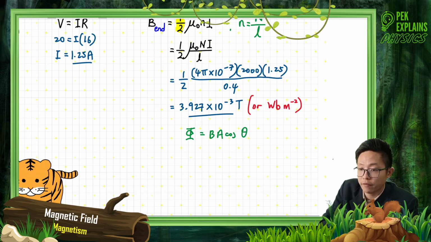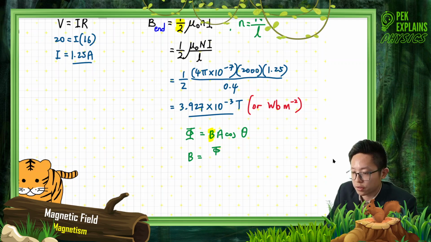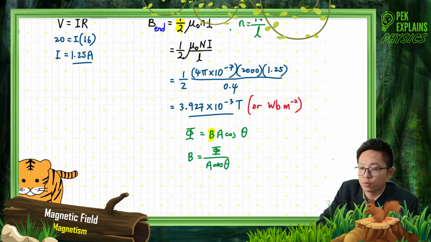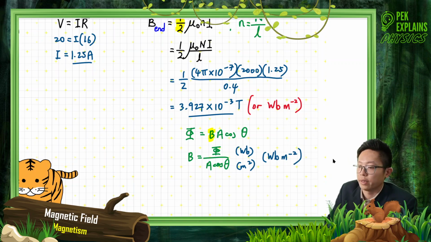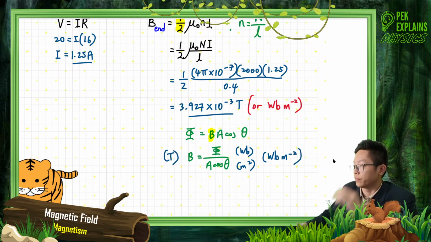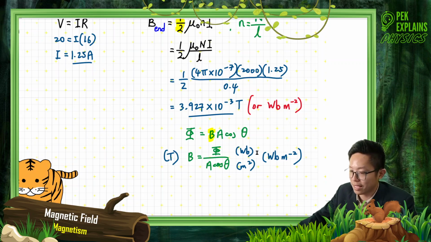So B equals flux over area cos theta. Flux is Weber and area is meter square, so you end up with Weber per meter square. That's the unit for Tesla also. So magnetic field has 2 units, Tesla or Weber per meter square.